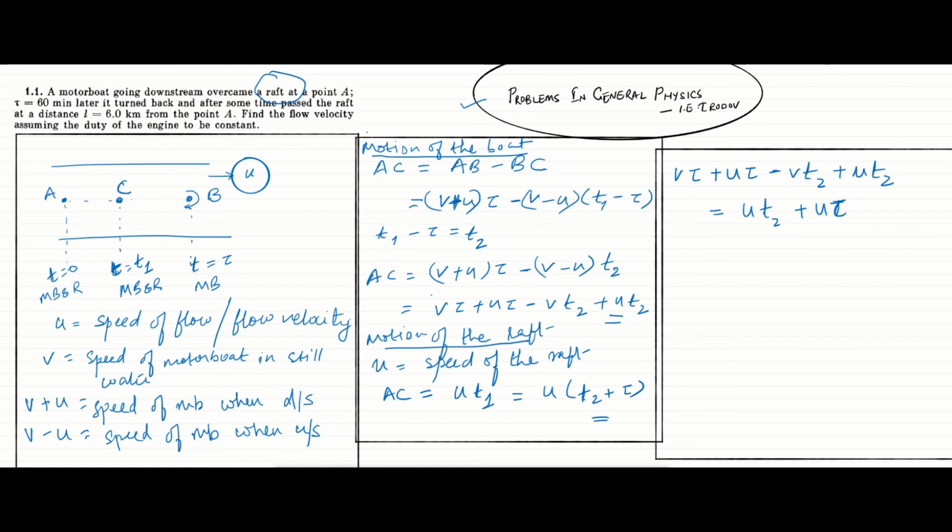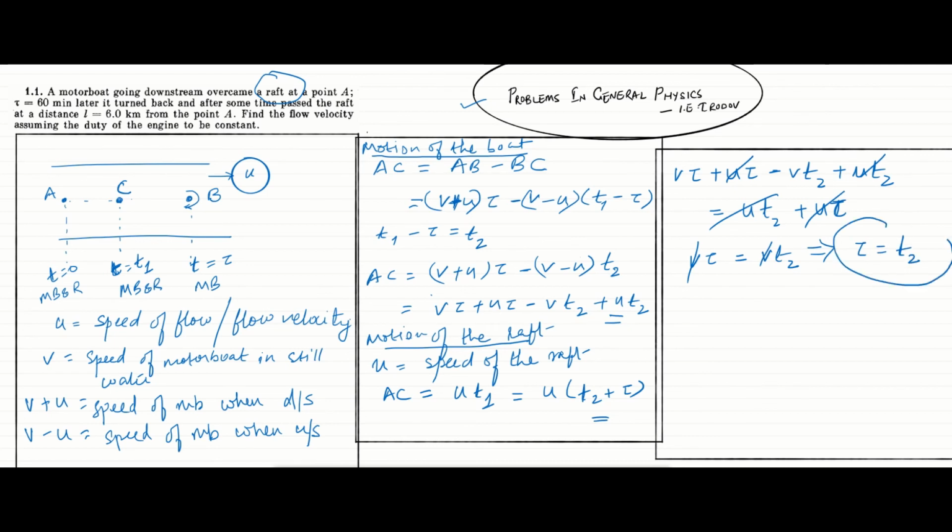Now if we cancel the same terms occurring on both sides, u tau and u tau get cancelled, ut2 and ut2 get cancelled, so we have v tau equal to vt2, and we can cancel v as well on both sides. This implies tau equal to t2.